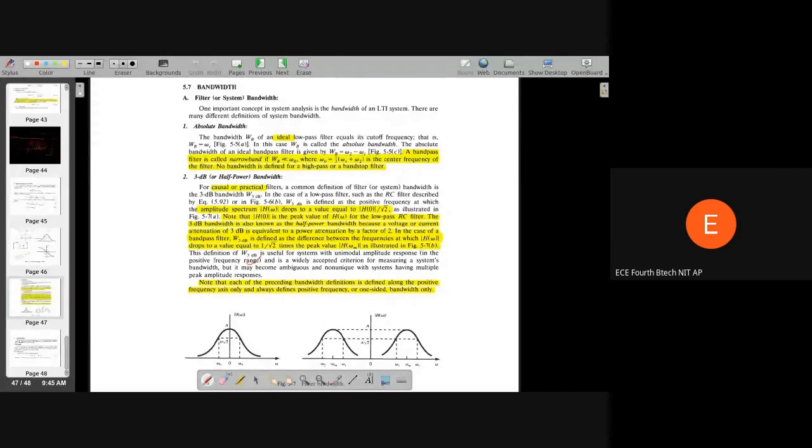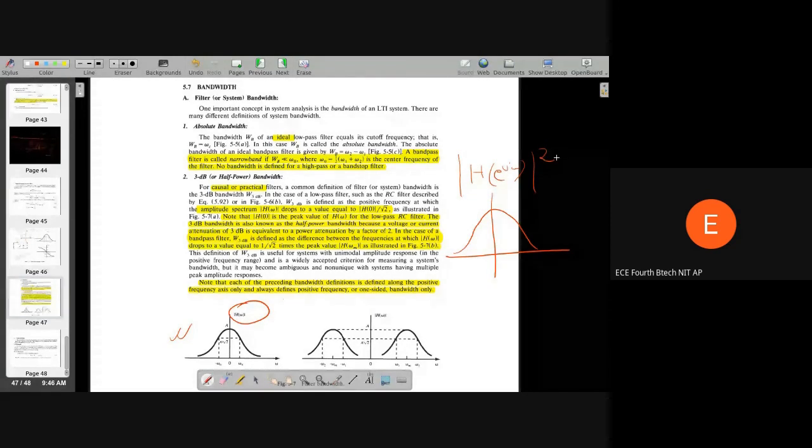So, bandwidths again. If you have h of e to the power j omega or h of omega, whatever you take, you plot the magnitude. Magnitude squared is generally called the power spectrum. This one is the magnitude spectrum, and this is the power spectrum.